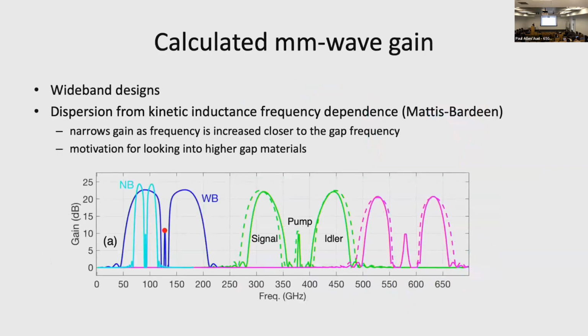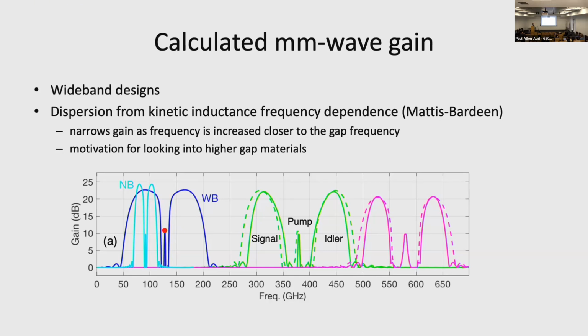Okay, so you can think about what's possible at higher frequencies yet, or in terms of widening the bandwidth of this design more. I mentioned that the device we'd measured so far was purposely made narrowband in order to fit both the signal and idler bands in the single mode bandwidth of WR10.